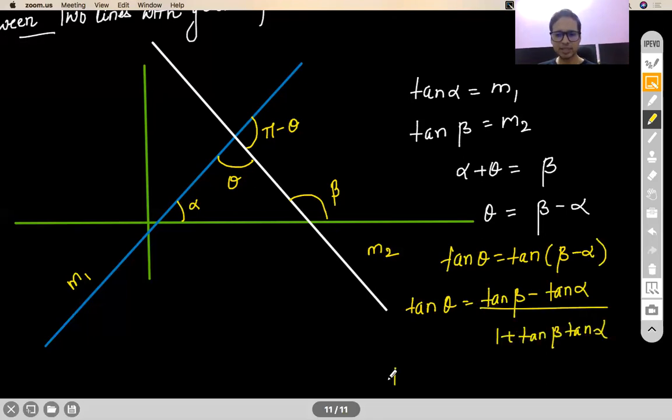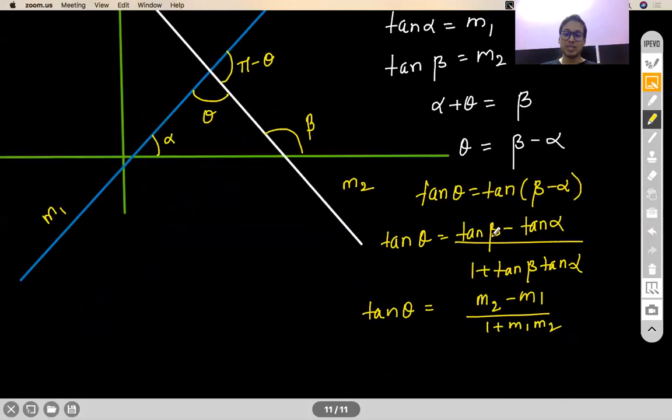Okay, in other words, tan of theta is, if I'm not mistaken, M2 minus M1 by 1 plus M1 M2. Are you getting my point? Now, the expression that you see in front of you will basically give you tan of this angle theta.